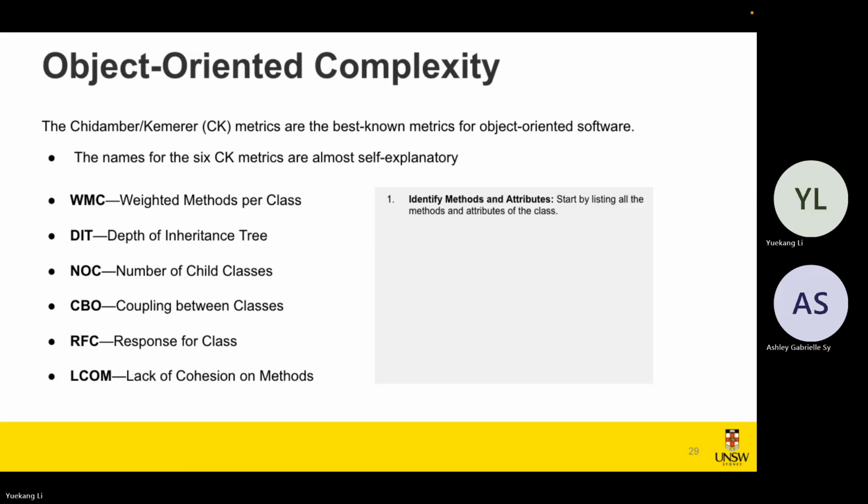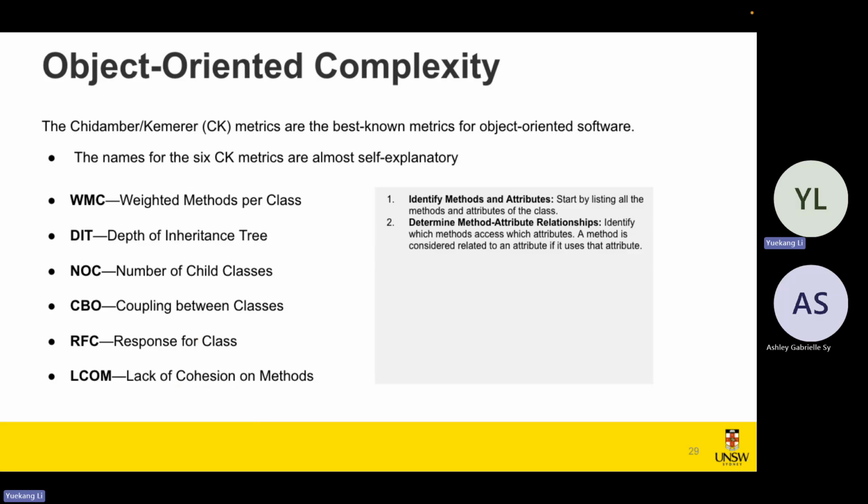The first step for calculating this lack of cohesion of methods is to identify methods and attributes first. So we list down all the methods and attributes of the class. Then we determine the method and attribute relationships, which means we try to identify which attribute is used in which method.